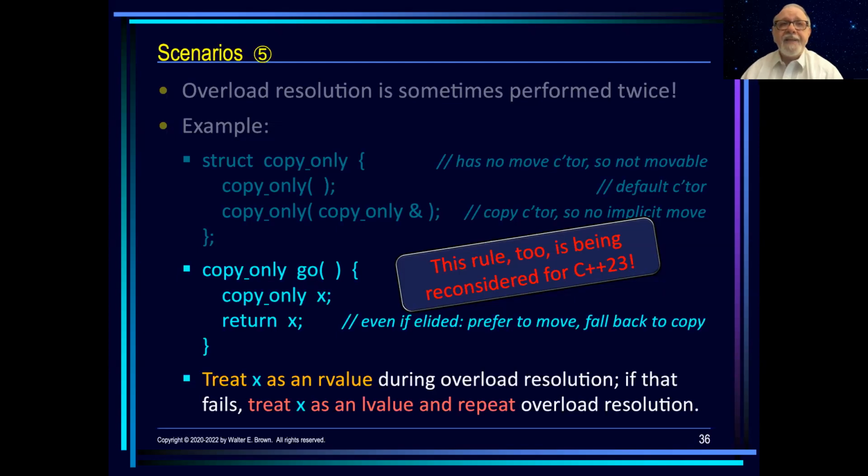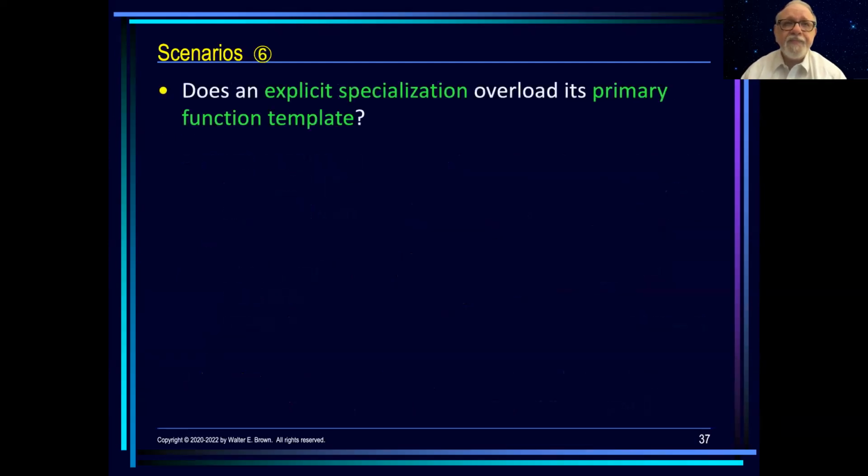Okay, next scenario. Suppose I have both a primary function template and an explicit specialization of that template. So we have two declarations by the same name. Do we have an overload set?